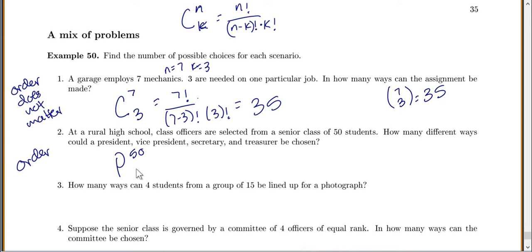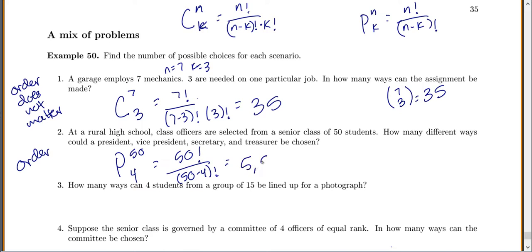We want to choose 1, 2, 3, 4 of them. And a permutation is n factorial over n minus k factorial. So this would be 50 factorial over 50 minus 4 factorial, or 5,527,200. So that's a lot of different ways that you could choose your 4 officers.